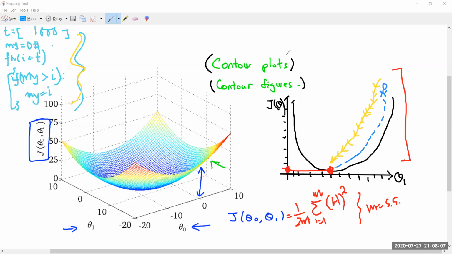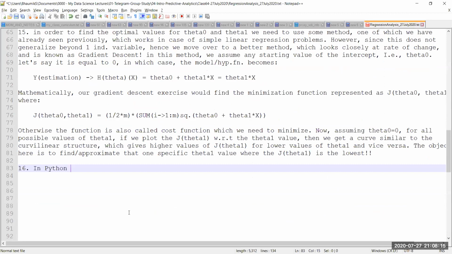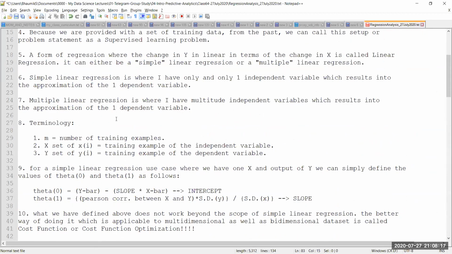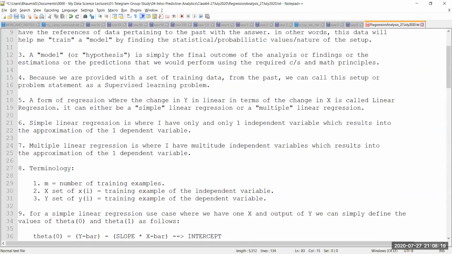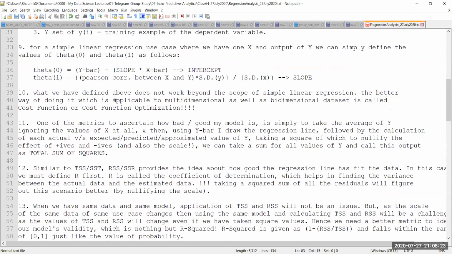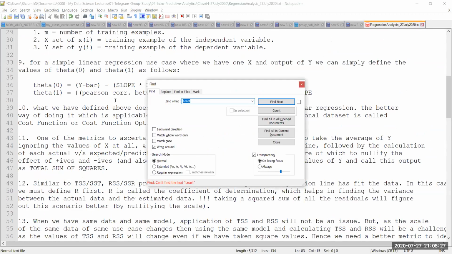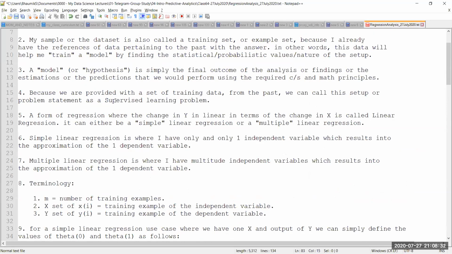Let's just try to quickly write down what packages we are going to use in Python. We have seen one method earlier, known as the least squares method.